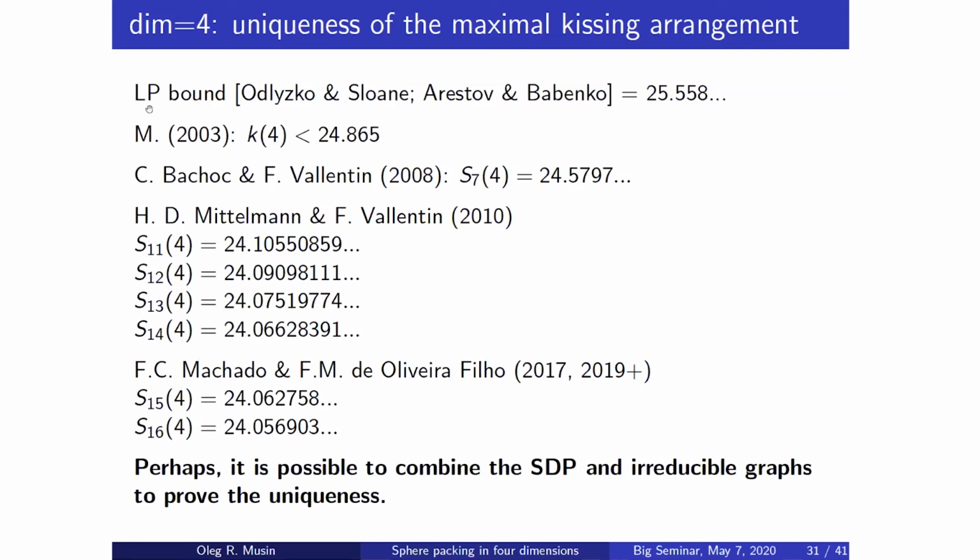The LP bound gives an upper bound, and this number is 25. Actually about 25.6, found by Leech and Sloane. They used a polynomial of degree 9. I remember that Arestov and Babenko from Ekaterinburg found the actually optimal polynomial for linear programming of degree 23, but it's just slightly less than 25.